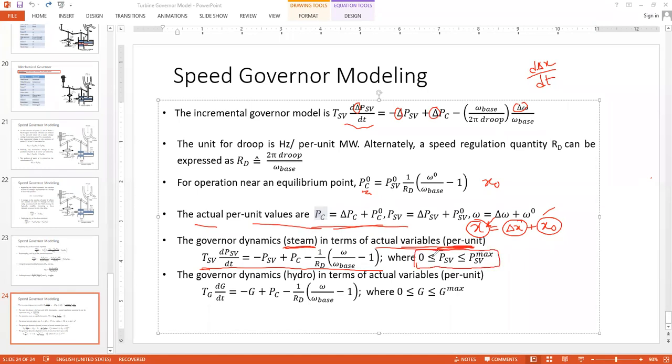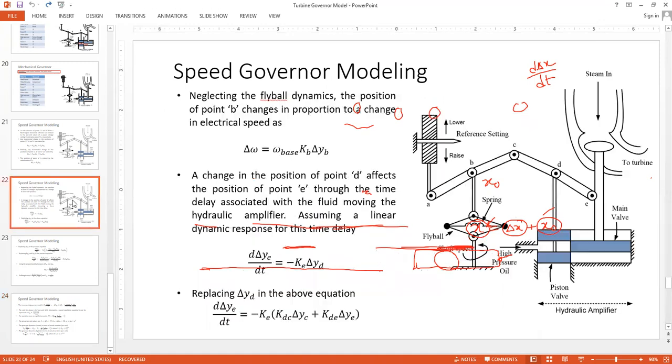Why this limit is to be expressed like this, because you see the steam valve position or steam valve power. Steam valve can provide a maximum power. What is the maximum power position? Let's go and see the picture. For the maximum power position, you see it can maximum probably come up to this point.